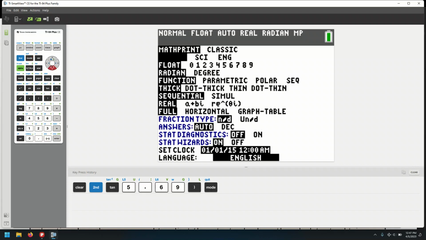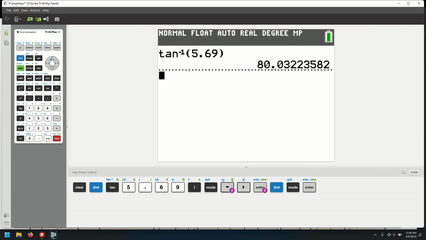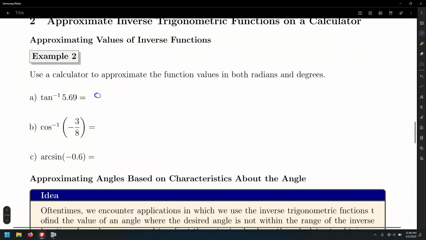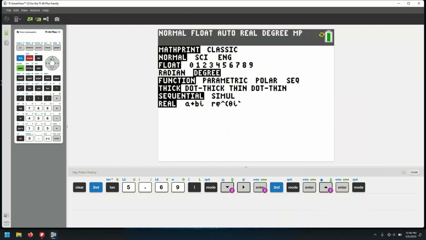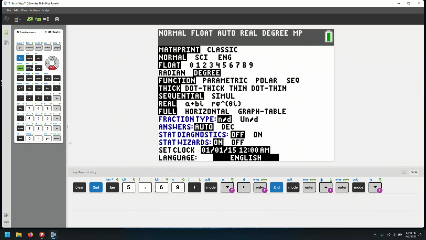Okay, I'm in radian mode. Let me change to degree mode. We're going to do the degree first, and that's 80.03. So this is 80.03 degrees, or in radians, I'm going to go back, click it again, but change the mode to radian mode because we need both actually.